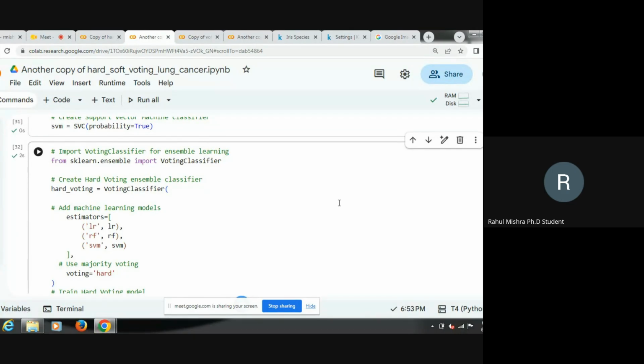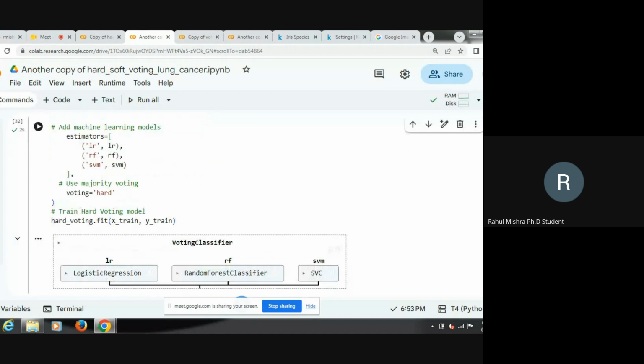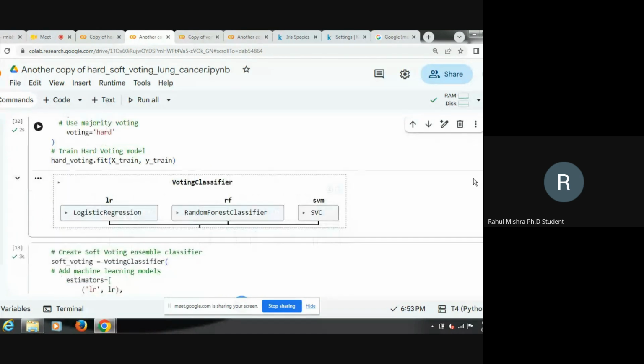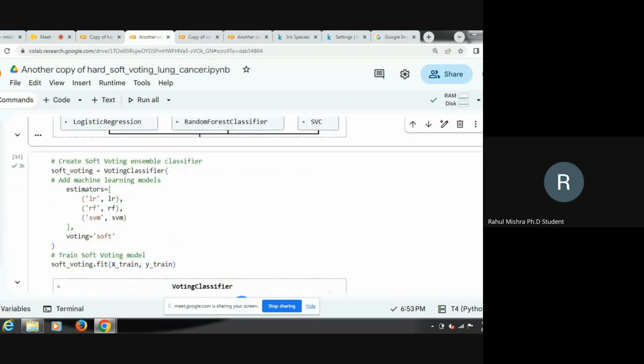We're running it, and we are importing the voting classifier from sklearn.ensemble. This is the library used for ensemble learning. So this is the diagram in which we are using three algorithms: logistic regression, random forest, and SVM, with hard voting. I've also used a soft voting example.